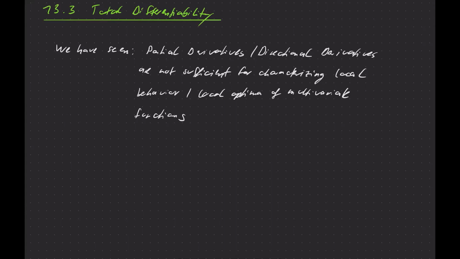So we need to transfer the concept in a more general way. We will transfer the idea of a derivative in a more general way.